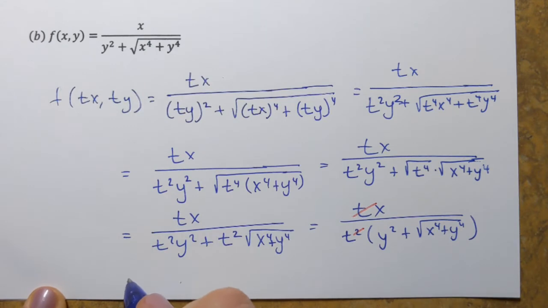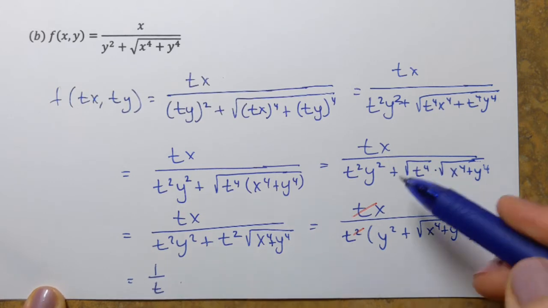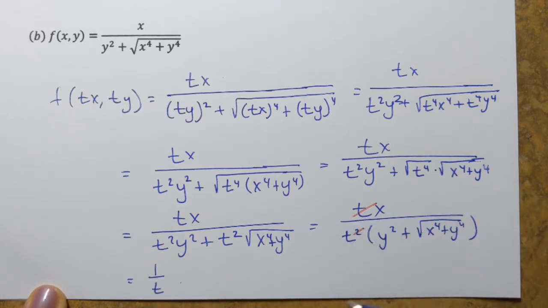This is how I'm going to rewrite the result. I'll write it this way: 1 over t, that's this t in the denominator, times x over y squared plus square root of x to the fourth plus y to the fourth, like that.